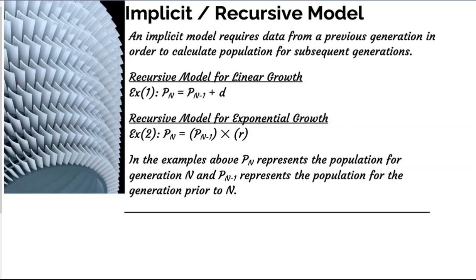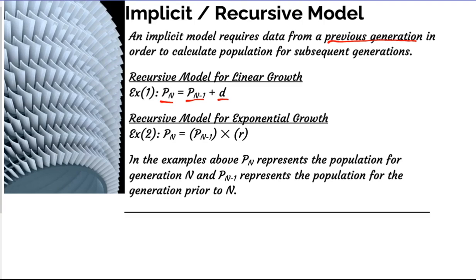So an implicit model requires data from the previous generation in order to calculate population for subsequent generations. The model is population for generation n is equal to population for generation n minus 1, or the previous generation, and you add to it the common difference.